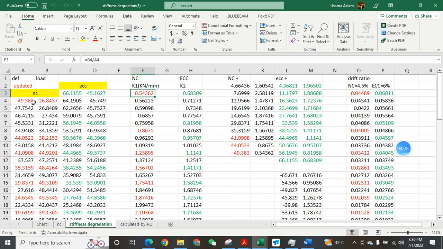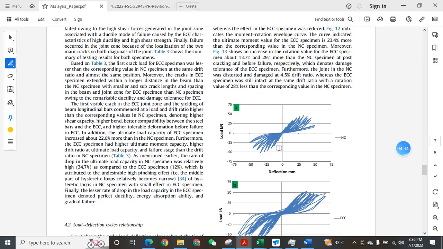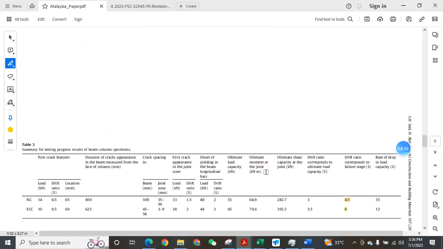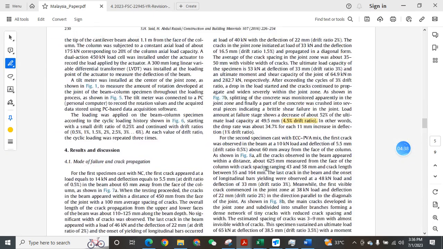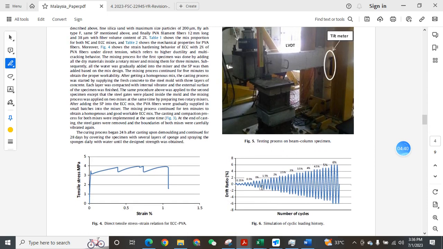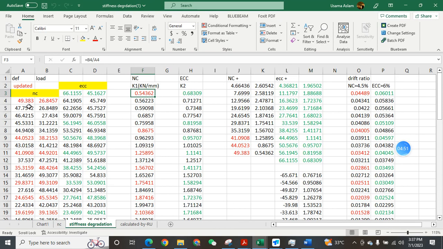This is load and this is deflection. I need to start from this value, up to 4.5 or 5 maximum. So what I have to do is 4.5, then 4, 3.5, 3, 2.5, 2, 1.5, 1, 0.5. So it is a maximum of 12 values. From here, this is the maximum value.